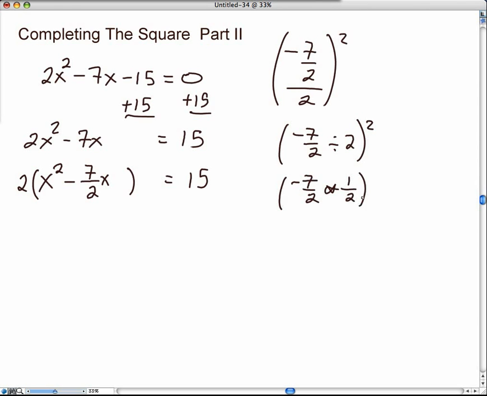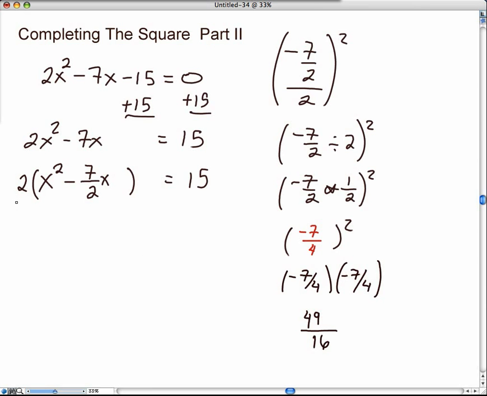Well, we take the reciprocal. And then we do the math. Negative 7 times 1 is negative 7, divided by 2 times 2 is 4. I'm going to use that so I can do my perfect square trinomial. And negative 7 over 4 times negative 7 over 4 gives me, well, negative times negative is positive, 7 times 7 is 49 over 16.